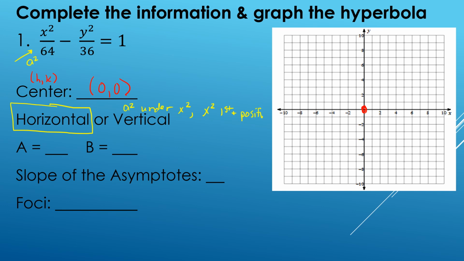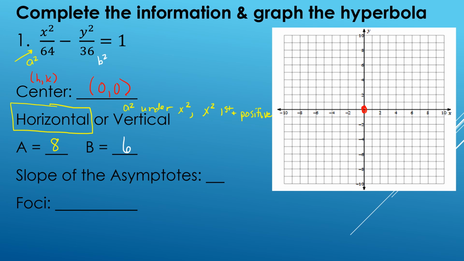It has to be the positive term. Okay, so if our a squared is under the x squared, we know that our a value is going to be the square root of 64, which is 8. Therefore, b squared will be under the y, so our b value has to be the square root of 36, which is 6.